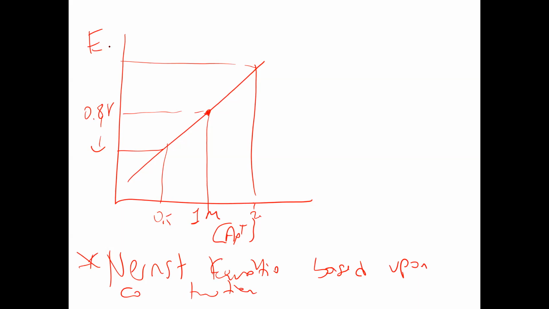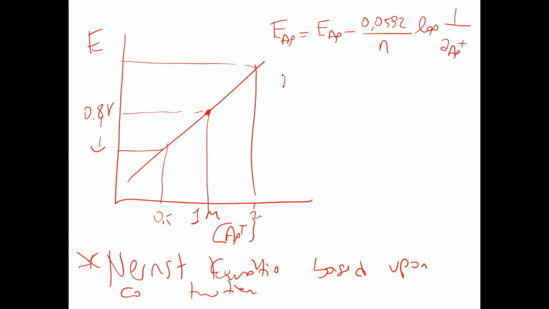Okay, let's start off with silver. Reduction potential of silver, and minus 0.0592 over the number of electrons, and logarithm 1 over the activity of silver plus.